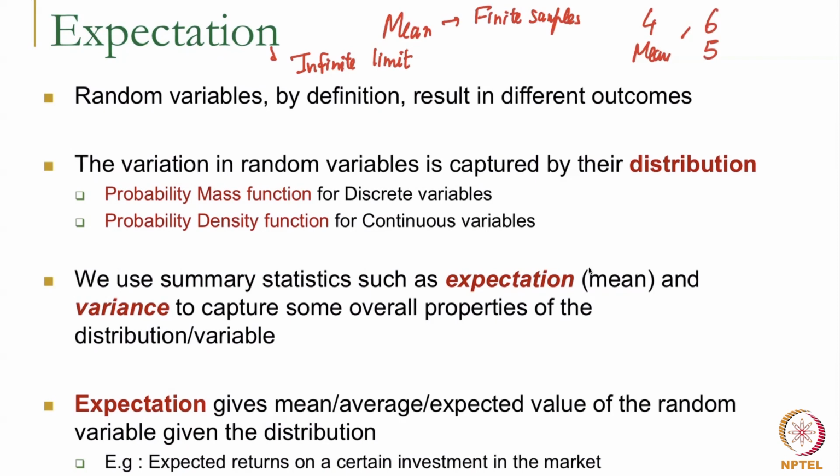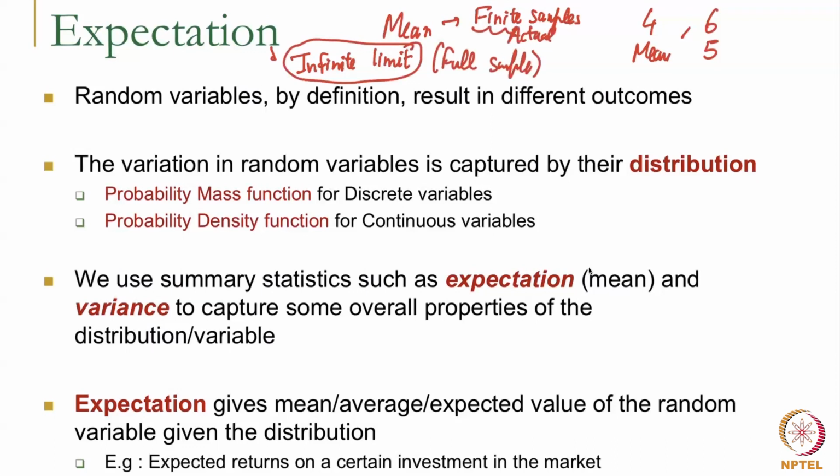The expected outcome of this election is 53% vote for XYZ party and 40% vote for PQR party, etc. So expectation is what would happen in case everything was taken to the full sample, whereas mean is what happens for an actual small sample. So we call it infinite limit versus finite limit.